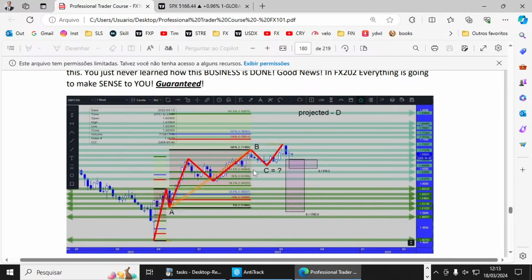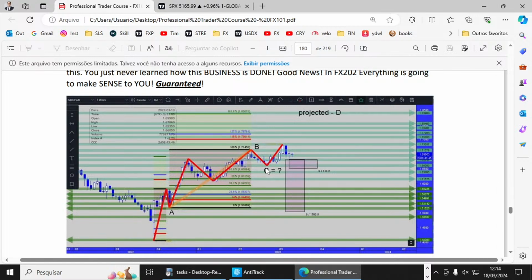But because you put the stop loss in the wrong place, stop loss should go below the A, you were really not trading the Fibonacci, you were trading what?